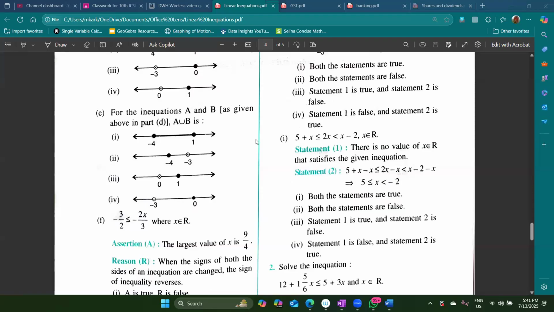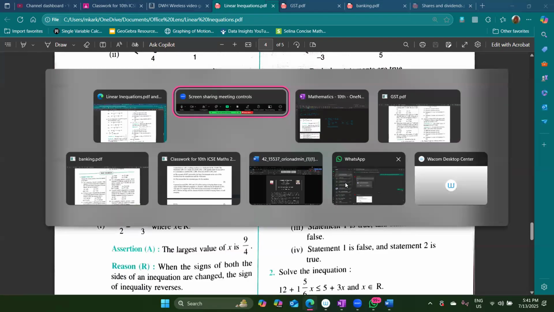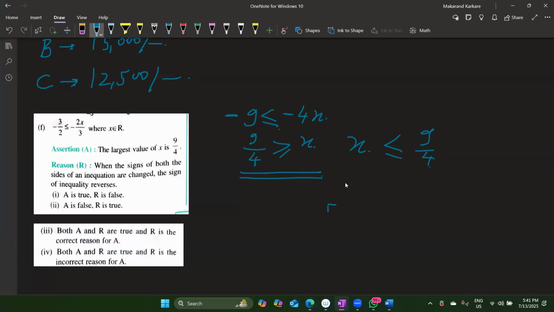Solve it. So is there going to be any number x? So let's try to plot this. 5 less than or equal to x, less than minus 2, right? So if I draw this line, this is minus 2 and this is 5.